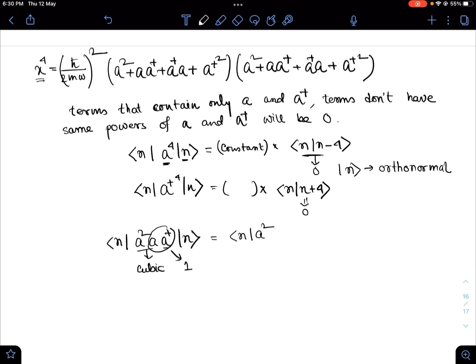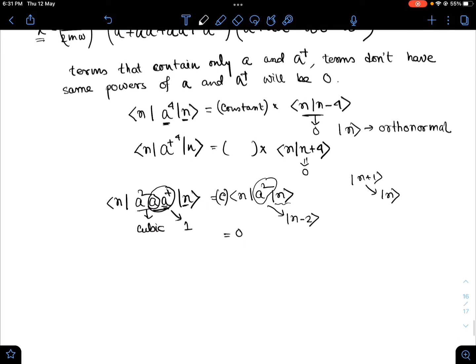These two terms will first bring it to n plus 1, then this a will lower it to again n. So here will be a constant factor c. So these two will bring back n to n again. But now here we have a square, so it will bring this state to n minus 2, and due to orthonormality this will be 0. In this similar manner, any other terms that don't have the same power will be 0.